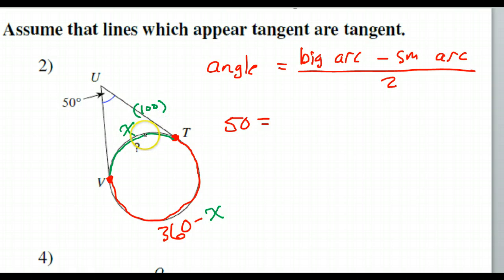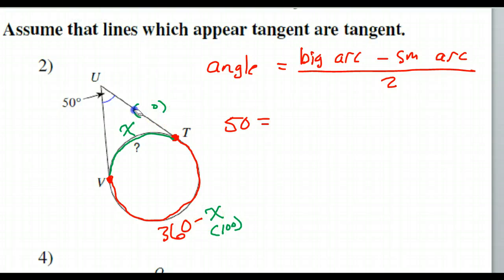When this was 100, you understood that this side would be 360 minus 100. That made sense. Now we're just taking it to a general situation where whatever this is, we'll call it X. This will always be 360 minus whatever this is. So 360 minus X would be the expression.